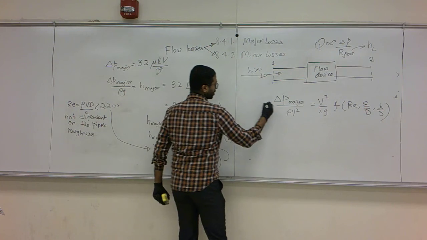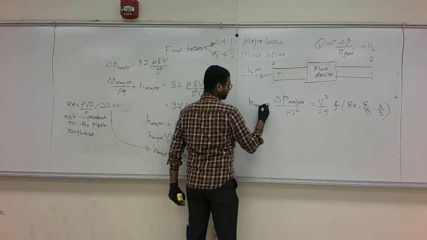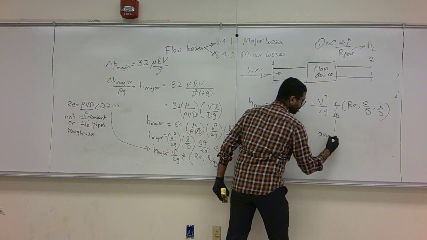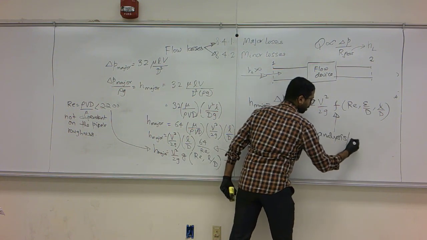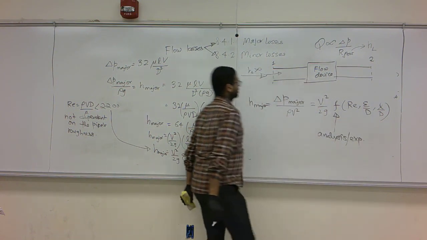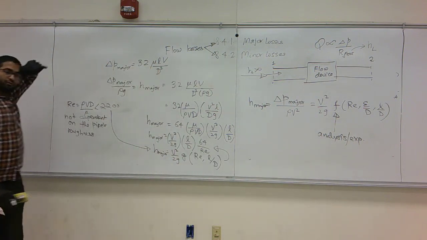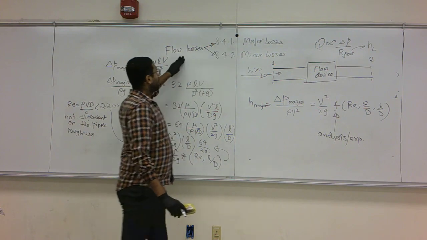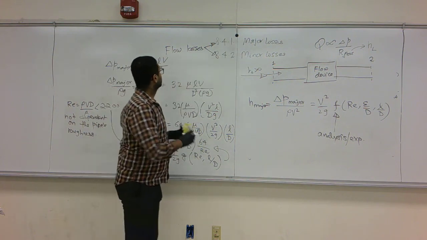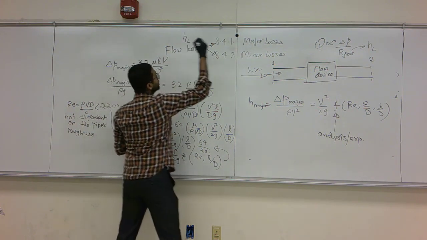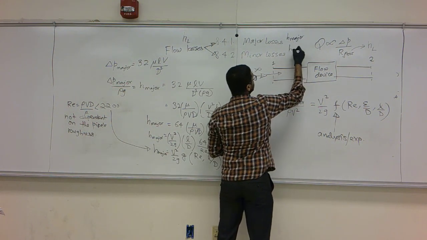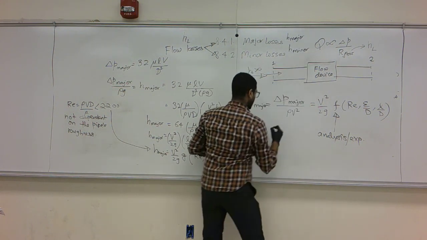And this is what we call head loss. So this function comes from analysis or experiment. So out of major and minor losses, I told you that the total loss is the sum of the major and minor. So I'll write HL, H major, H minor.